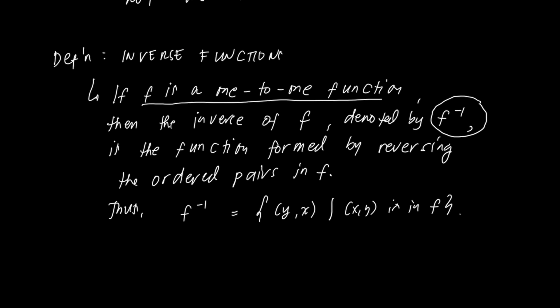Again, what does it say? Formed by reversing the ordered pairs in f. So the inverse function is the set of ordered pairs (y, x) if (x, y) is in f. It's just reversing the elements in the ordered pair.